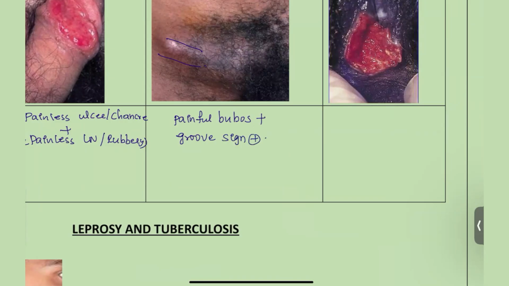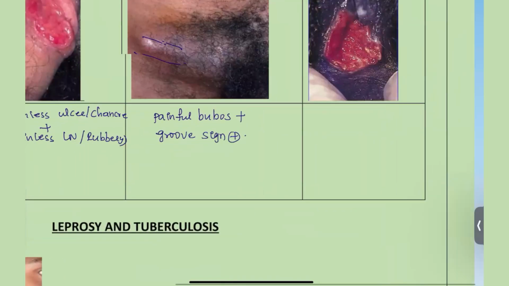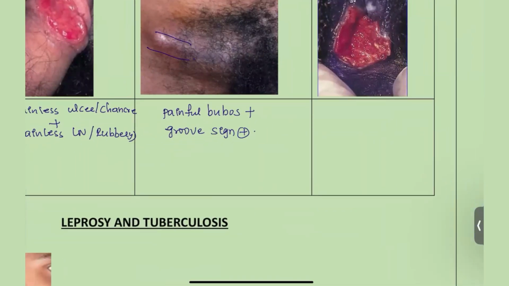Painful buboes and a positive groove sign are seen in lymphogranuloma venereum. Next, donovanosis. It looks painful, but it is painless, with a beefy red appearance and no lymphadenopathy. Only pseudobuboes are seen in these patients.